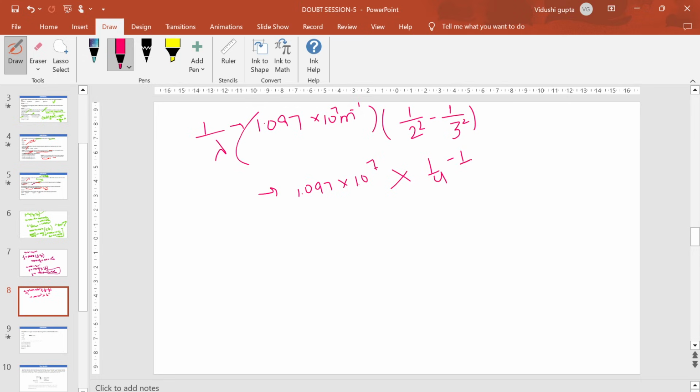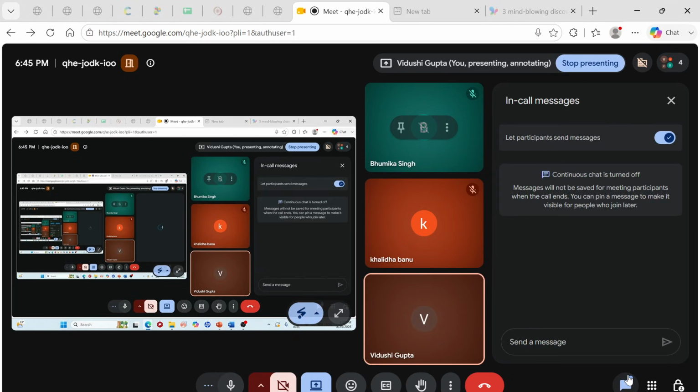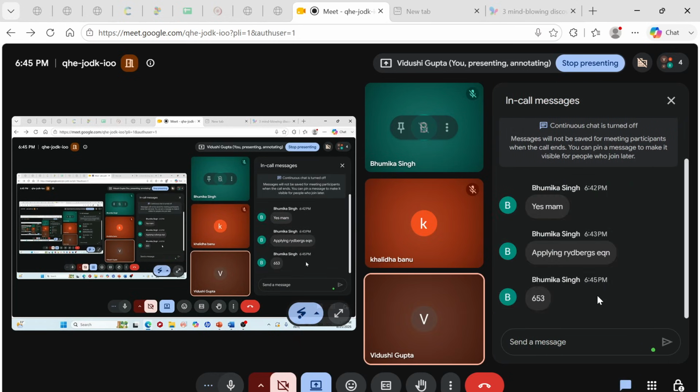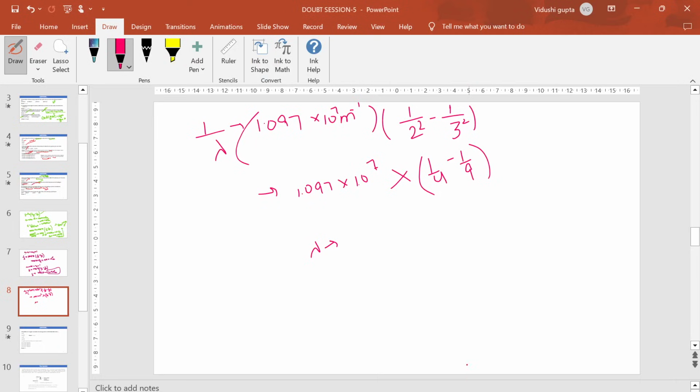So what will be the value of wavelength after solving this? Anyone? Bhumika, it will be 656. Yeah, it will be nearly 656 nanometer.